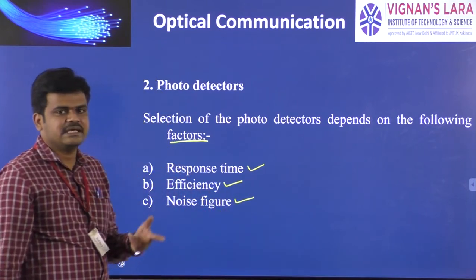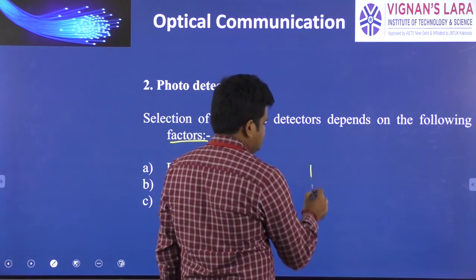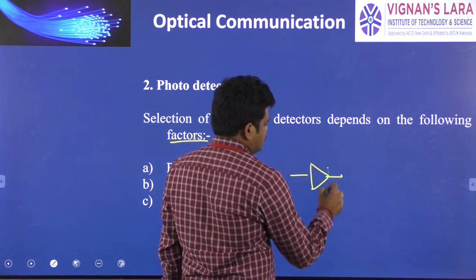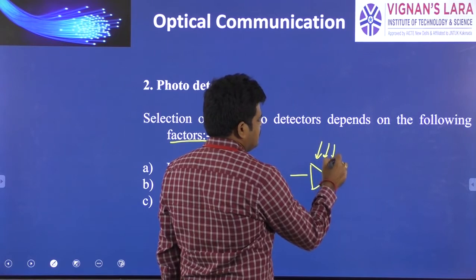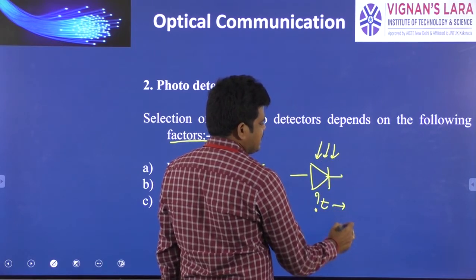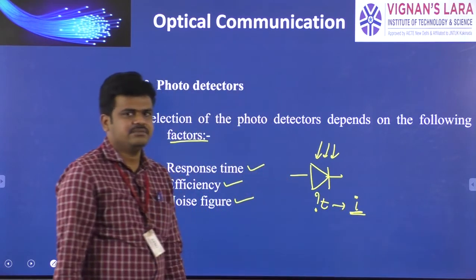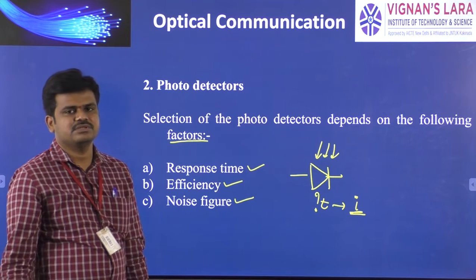What is response time? When the light is falling on the diode, how much time is this diode taking to produce the current?